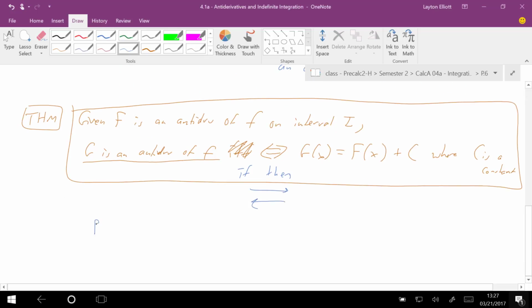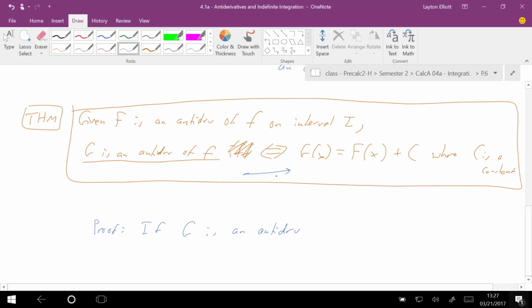Now, the proof of this. I have to do the proof in the first direction. If g is an antiderivative, and I'm going to prove the forward direction right now, so g is an antiderivative means that G of x is equal to F of x plus c.